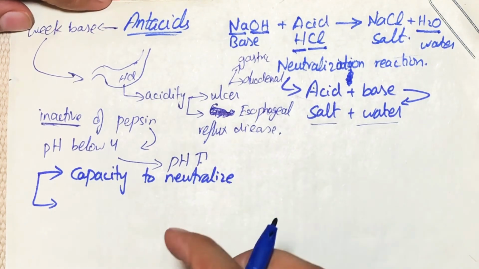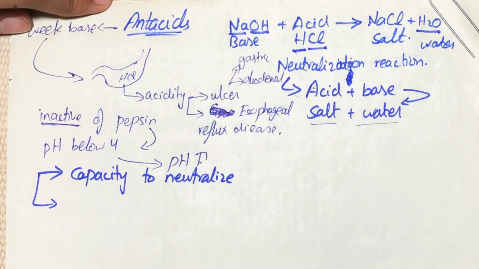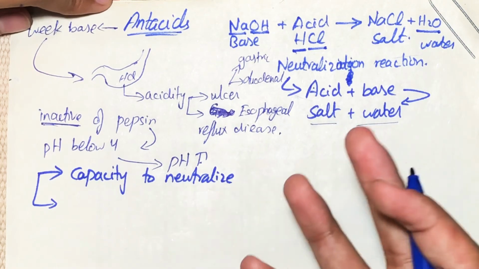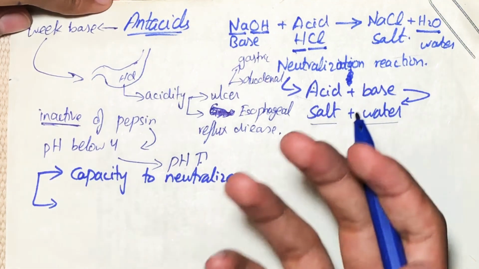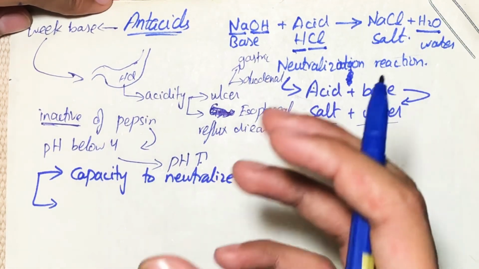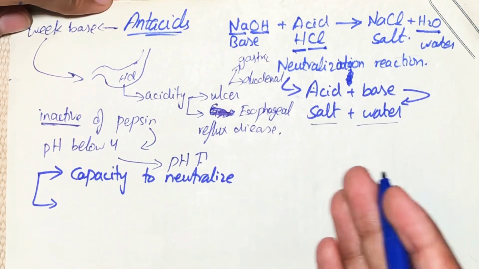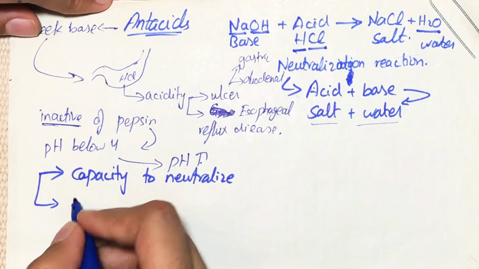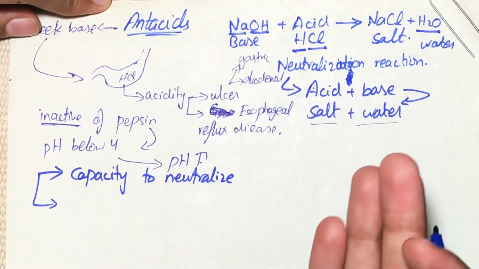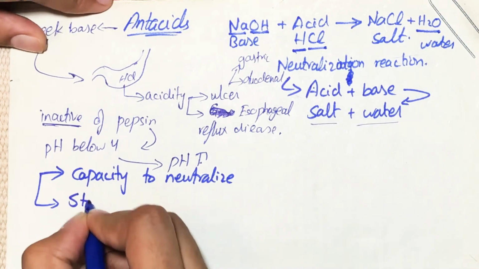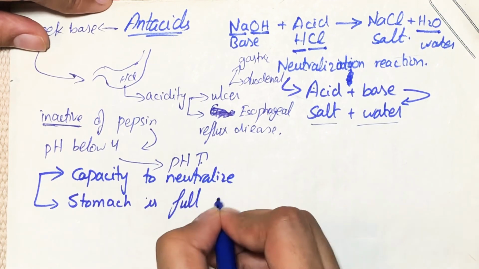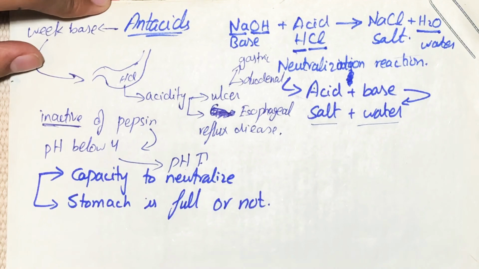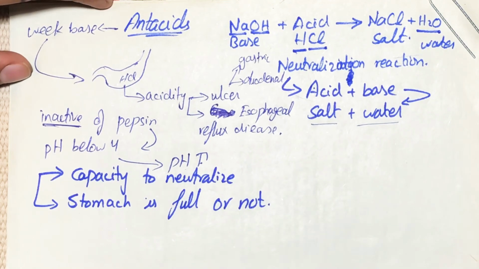When there is food inside your stomach, there is a delay in stomach emptying. This allows more time for the antacid to react, so it increases the efficiency of the antacid. Therefore you should always take antacid when you are done with your meal.